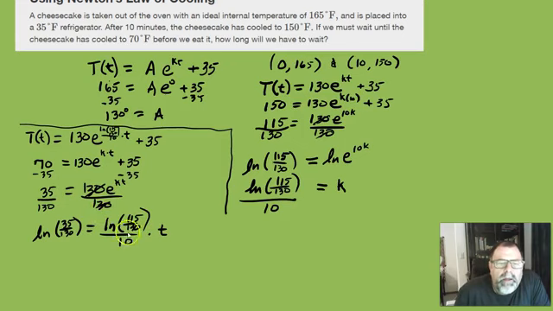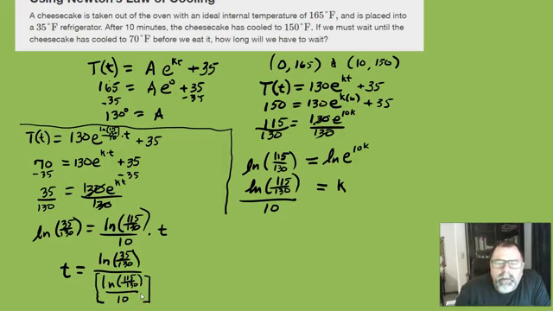Now we're going to divide by this number here. So t equals, and I'm flipping it, so this number on top, ln of 35 over 130, divided by ln of 115 over 130, over 10.